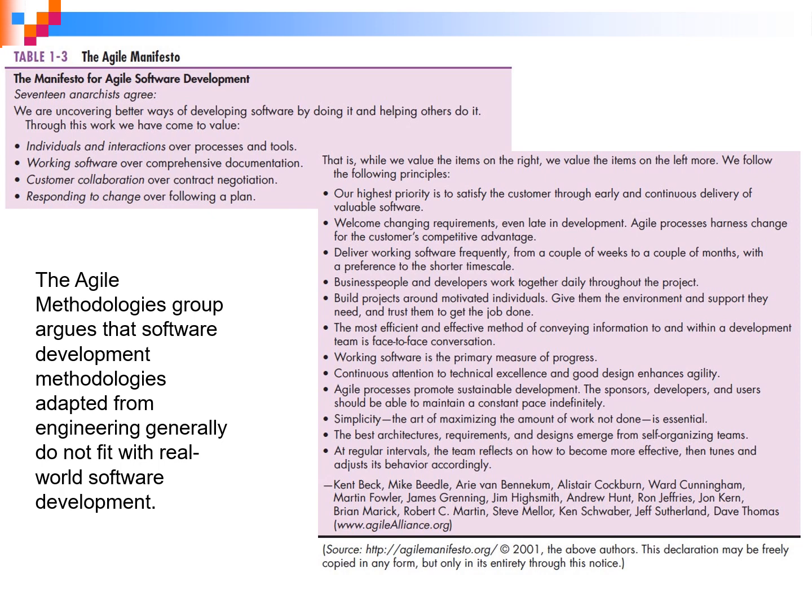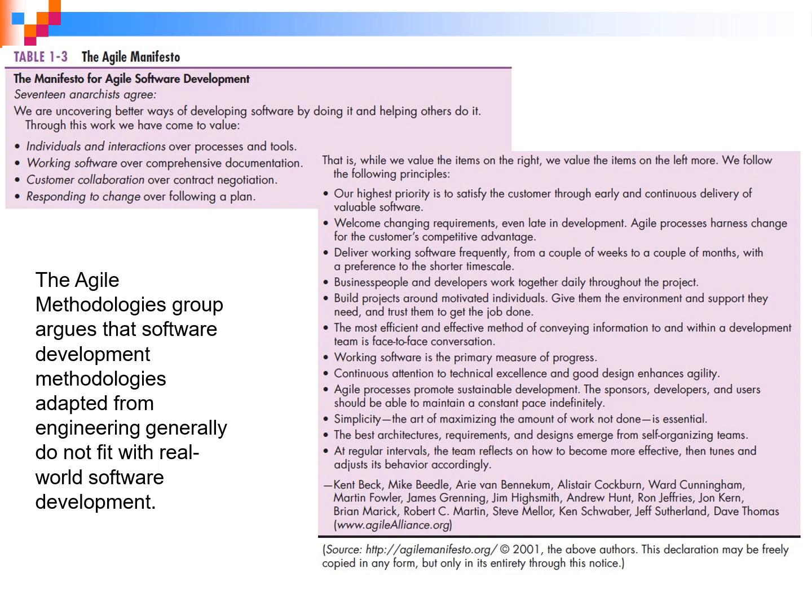We follow the following principles. Our highest priority is to satisfy the customer through early and continuous delivery of valuable software. Okay, next is welcome changing requirements. Okay, so yun yung sinasabing dynamic. Okay, even late in development, so agile processes harness change for the customer's competitive advantage.